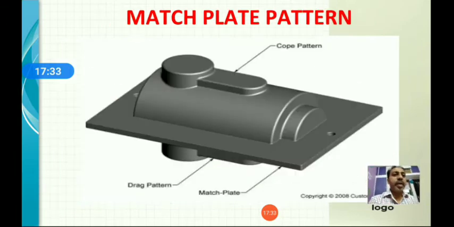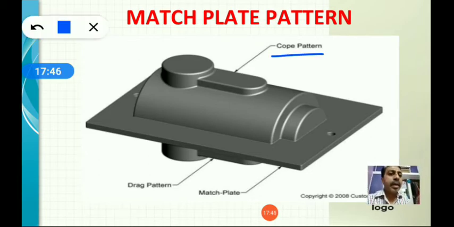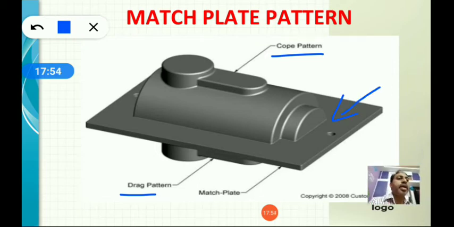So in match plate pattern, this is match plate patterns. So match plate pattern is nothing but a split pattern. Okay, in split patterns there is a cop and drag pattern. But in addition to split patterns, we have just fixed the match plate between these two patterns, cop and drag.